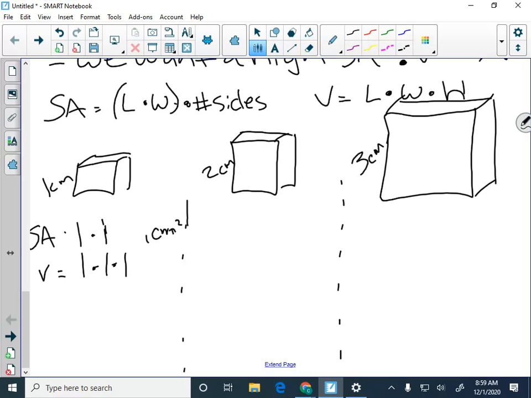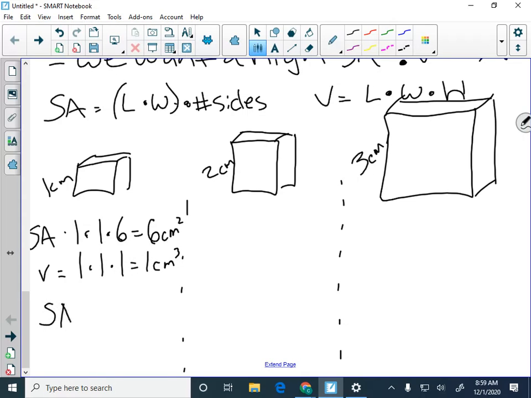COVID confusion still in my head. There are 6 sides to a cube. So our surface area is 6. It's a little messy, so let me rewrite that. Surface area: 1 times 6 equals 6 centimeters squared. Volume: 1 times 1 times 1 is 1 centimeter cubed. So our surface area to volume ratio is 6 to 1.